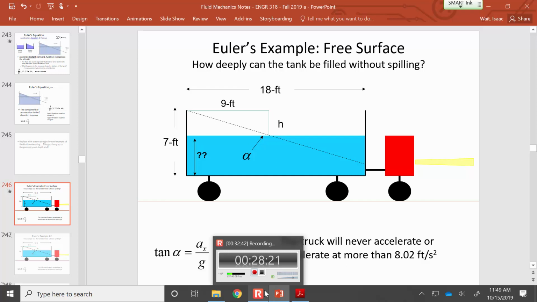All right. Euler's equation is used when we have local acceleration. So use Euler's. What relationship does Euler's equation define? How the pressure between 2 points changes with the acceleration. Good.